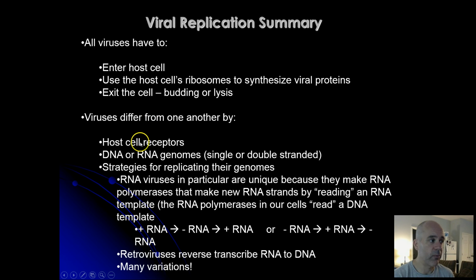How do viruses differ from one another? By the host cell receptors they use, by their method of entry. Is it direct penetration, membrane fusion? Do they use endocytosis to get in? They differ by having RNA or DNA genomes. They can differ in how they replicate those genomes. Some RNA viruses are plus strands, some are minus strands, some are those retroviruses.